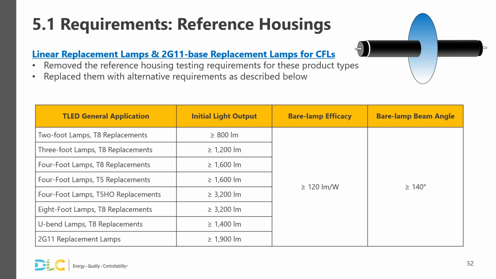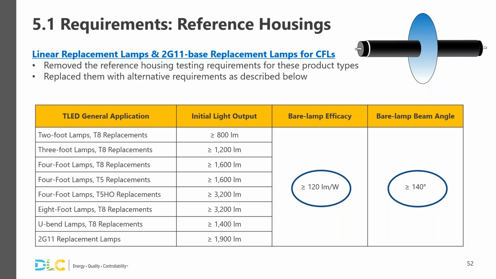For 5.1, when it comes to linear replacement lamps and 2G11 based replacement lamps for CFLs, we have decided to remove the reference housing testing requirements for these product types. Go ahead and advance, Axel. We have replaced this reference housing requirement with a bare lamp efficacy and bare lamp beam angle requirement. Those requirements are listed here, as well as the initial light output requirements based on the category general application that you're applying for.